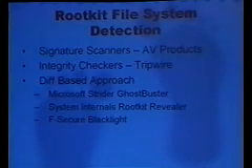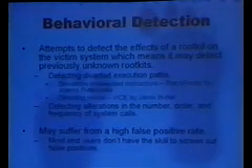Difference-based approaches compare an upper level API call, like give me the list of files, to a very low level one like a disk scan. If you compare the two and there's a difference, you obviously have a rootkit. The different tools that do this currently are Microsoft Strider GhostBuster, Sysinternals' RootkitRevealer, and F-Secure BlackLight.